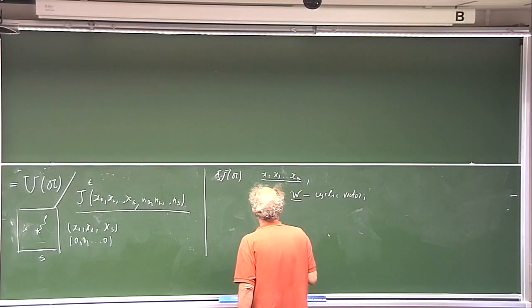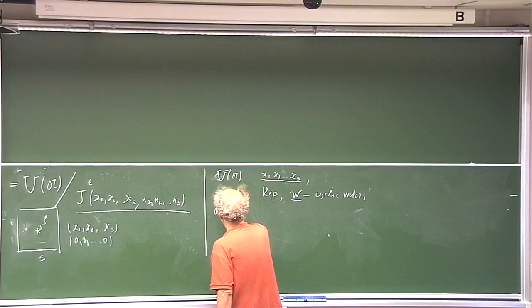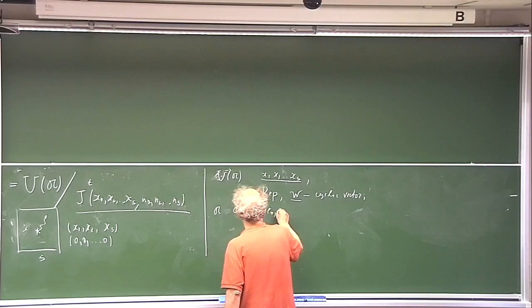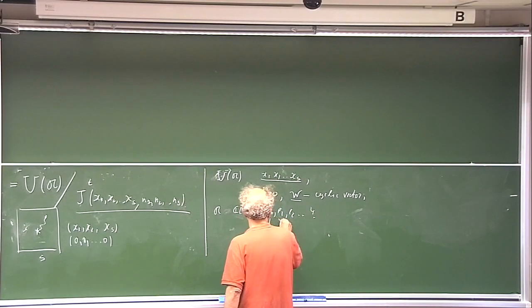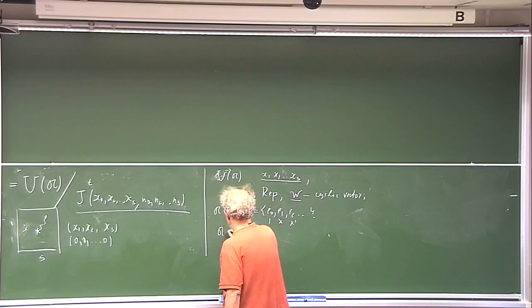So the Lie algebra A is, by definition, C[x] and it has the basis E0, E1, E2, and so on, which is 1, x, x squared, and so on. And the Lie algebra A is graded.